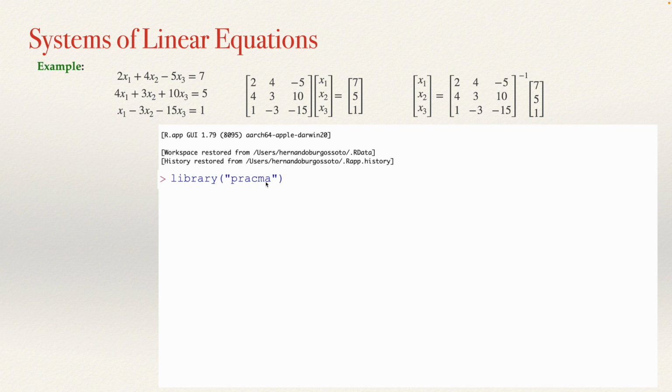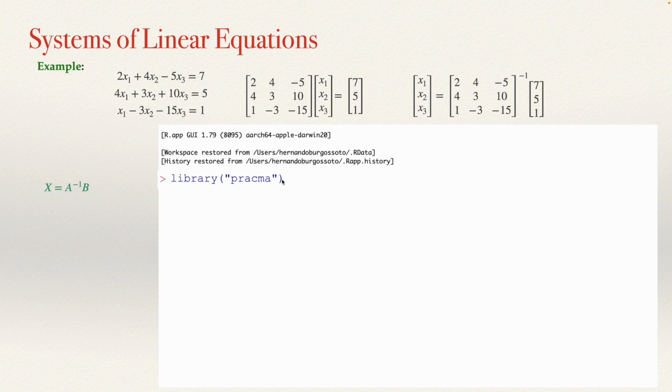So pracma needs to be written in quotations and in brackets. And after that, the formula I know that I'm going to use will be x equal the inverse of A multiplied by B. So I will need to enter A and B in R.